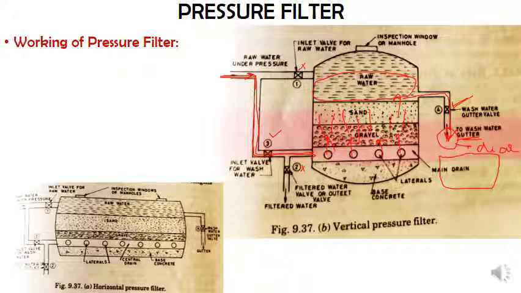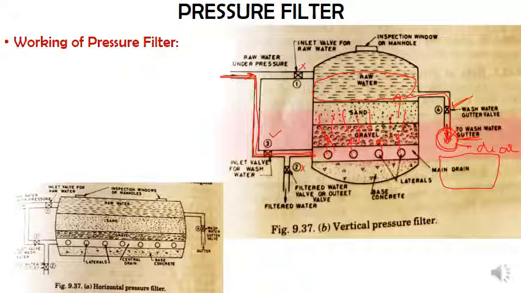But right now we don't have that kind of flexibility with this pressure filter. So during backwashing we make sure that the water at the outlet through valve 4 is clear. Till that time the backwashing will continue.